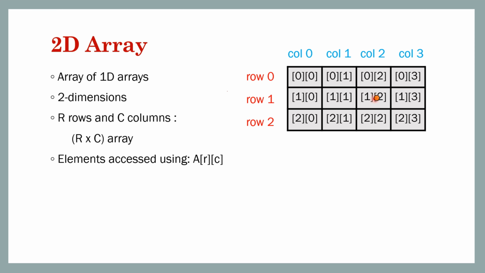They will intersect at a point, and that will be this cell. So let's take an example. Let's say we want to access row 1 and column 2. Column 2 is the third column, 0 1 2. So whatever is the value here, we will denote it A12. Here A is the name of this complete 2D array.